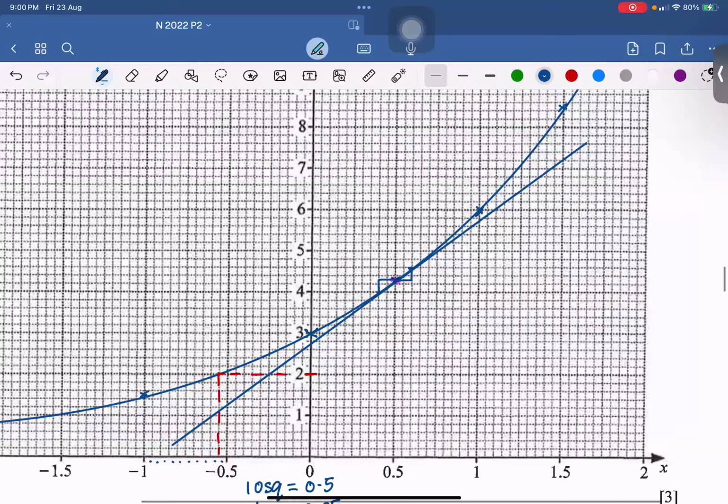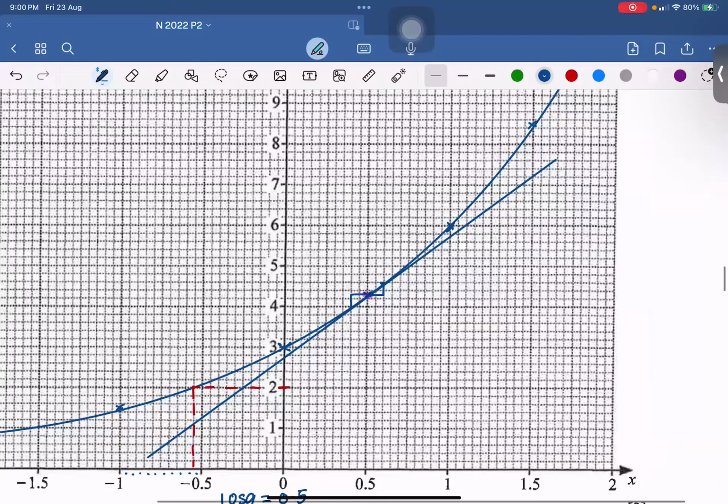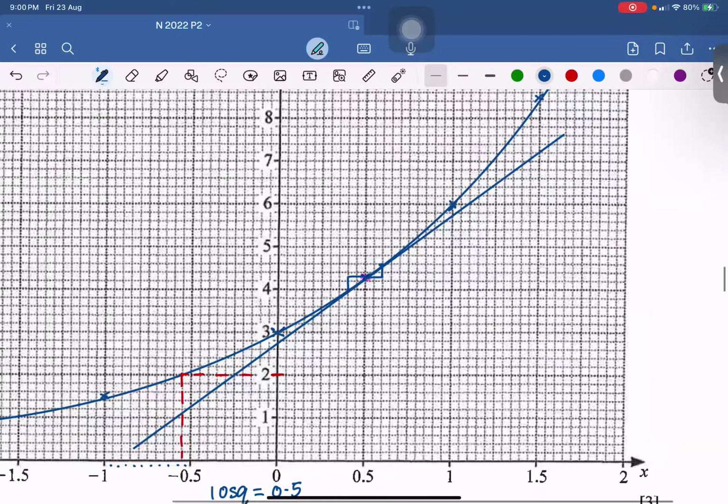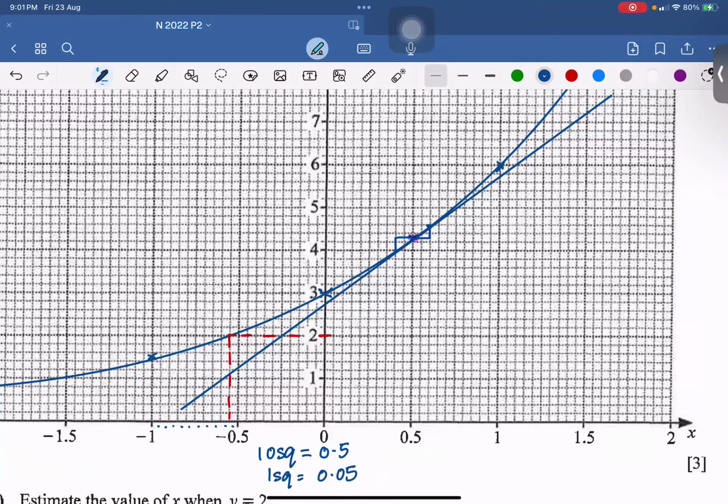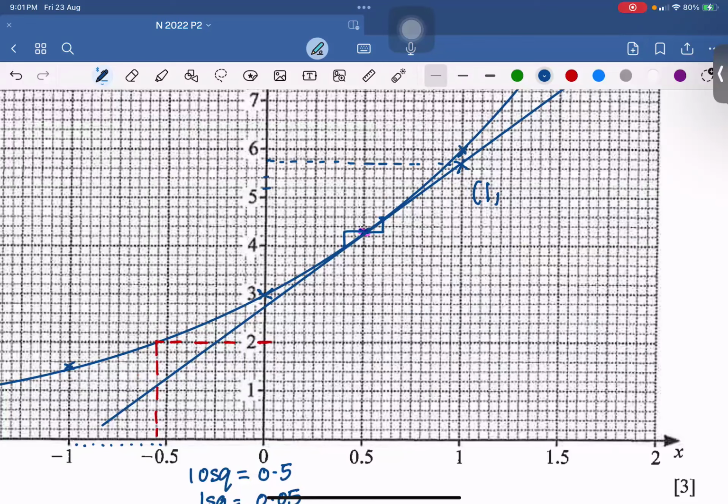Then I'll pick 2 points. I think it's very difficult to read the points for my x number. So I'm going to choose an easy x to read. Maybe I'll choose this one. x is 1. y will be, just now 1 square is 0.2, so this one, 5.246, 5.7.